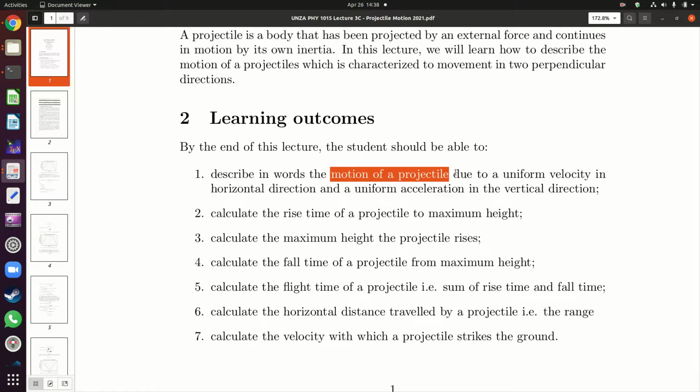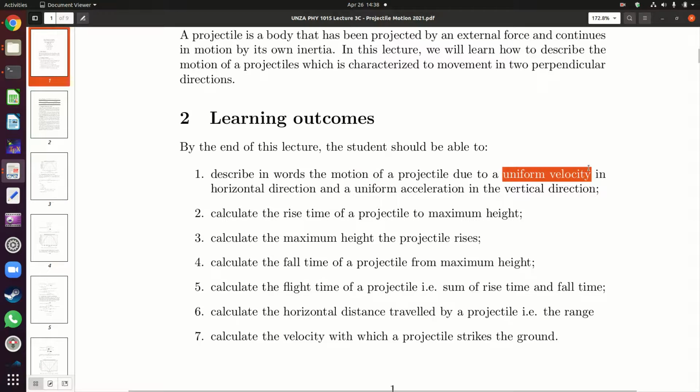These two motions, the horizontal motion and the vertical motion, happen at the same time. The horizontal motion is characterized by what is called uniform velocity. So in the horizontal, there is no acceleration. Whatever the velocity was in the horizontal direction, after the projectile has done whatever it's supposed to do, the velocity is going to be the same.